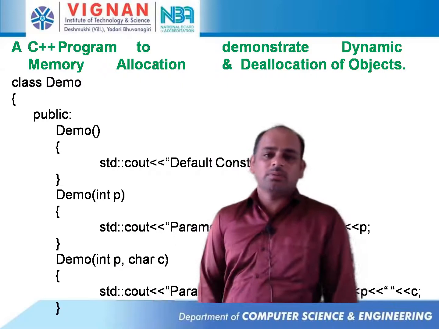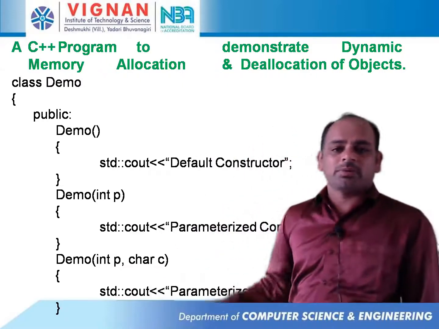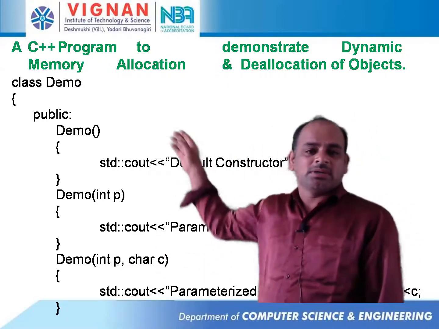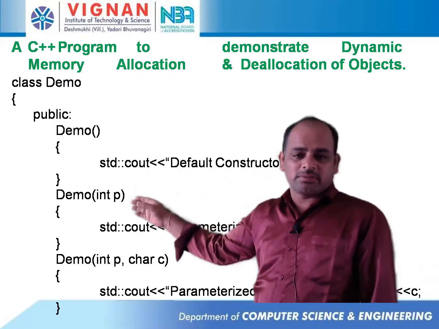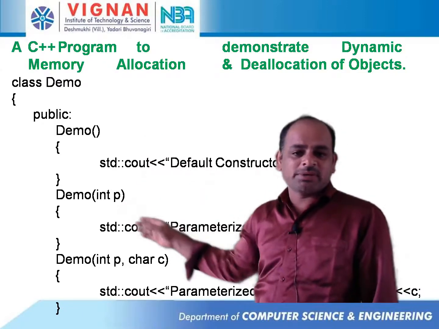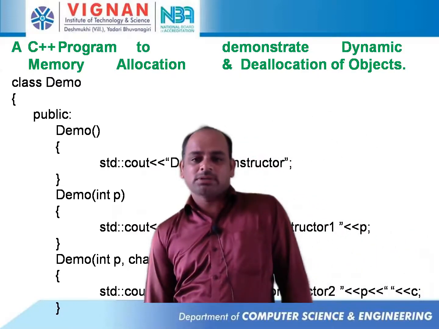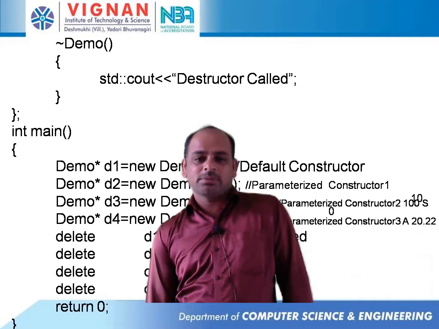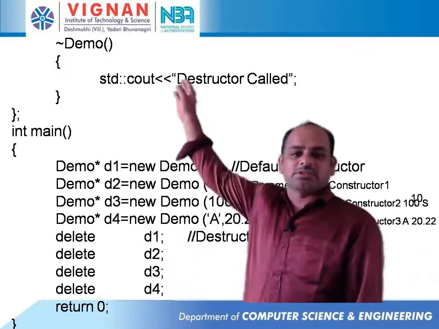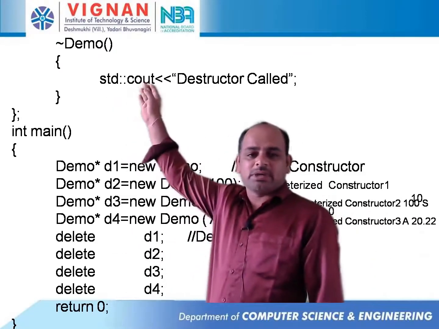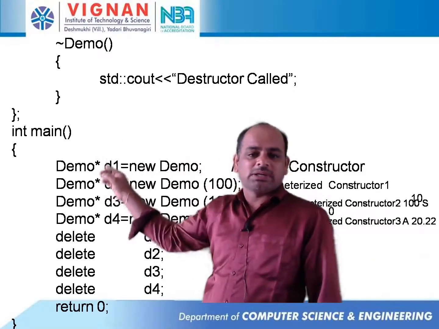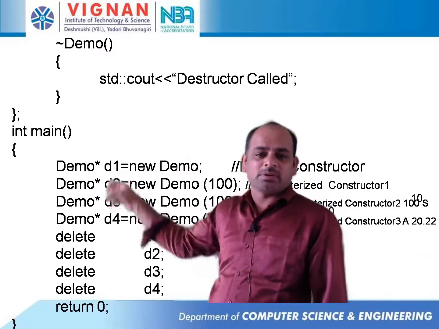So how to demonstrate dynamic memory allocation and deallocation of objects. This is a constructor, again a constructor with a single parameter, a constructor with two parameters, the same program. The constructor overloading program is repeated here. Here is the destructor, which we are using, in which we are creating pointer objects.